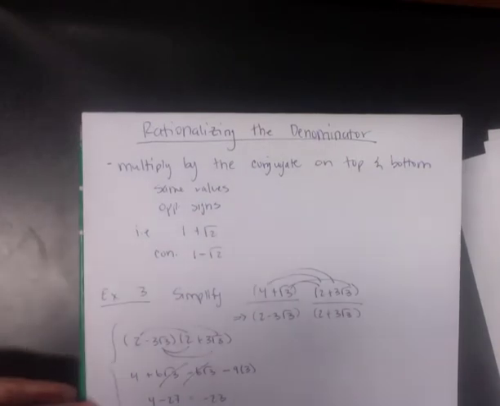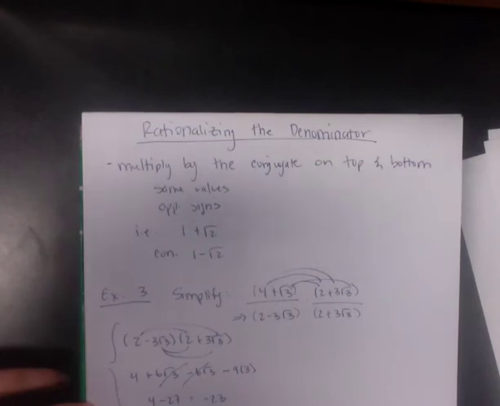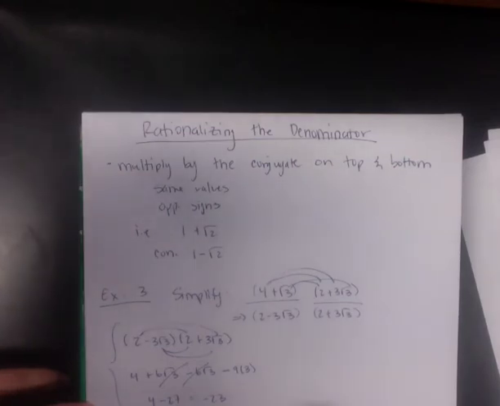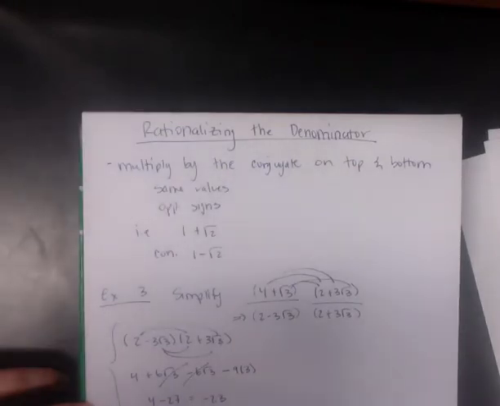Now you can leave your answer like this. I am going to make it a little more simplified. This is absolutely acceptable though. I'm going to bring the negative to the top, giving me negative 17 minus 14 root 3 all over positive 23. They are the same.